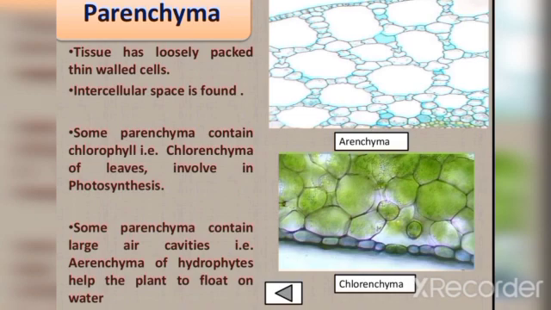Okay, and as I've already told, they are widely distributed in the plant body such as stem, root, leaf, flower and fruit. Thus, you can say that parenchyma tissue is found in the soft parts of the plant, that is in ground tissue, in stem and mesophyll of leaf.